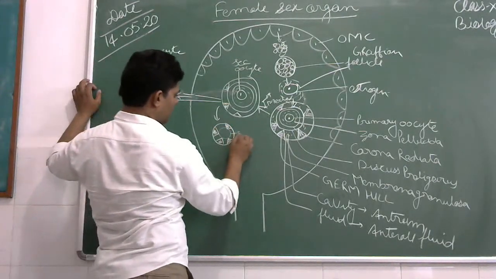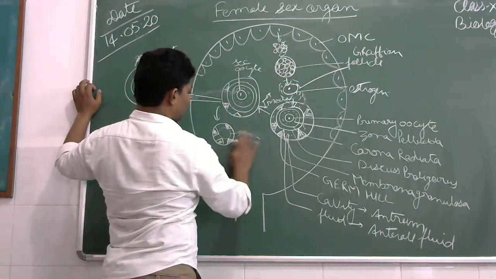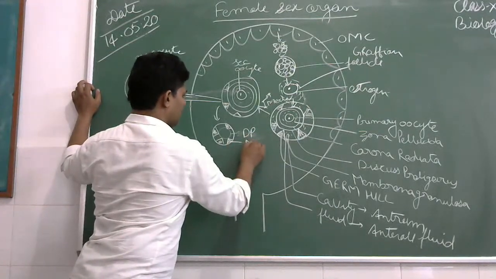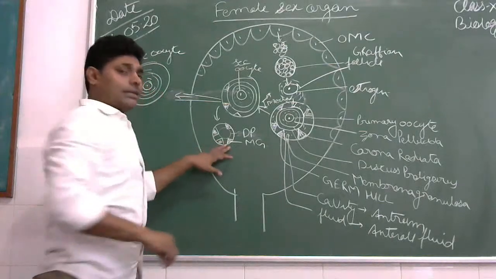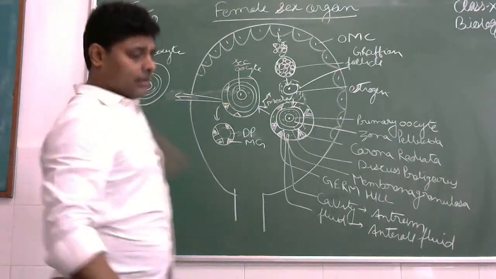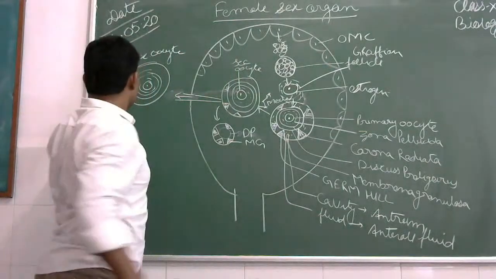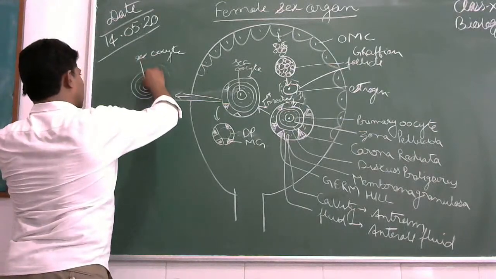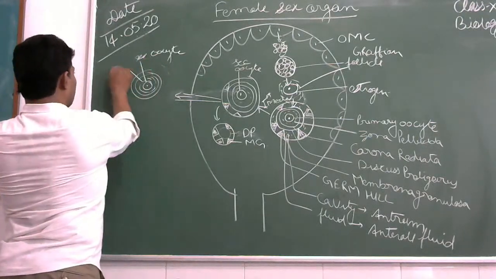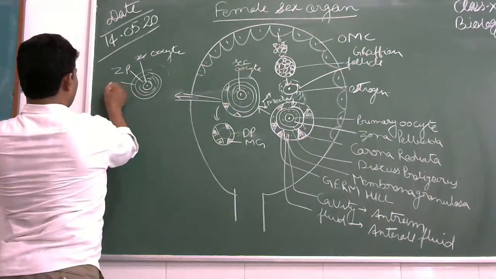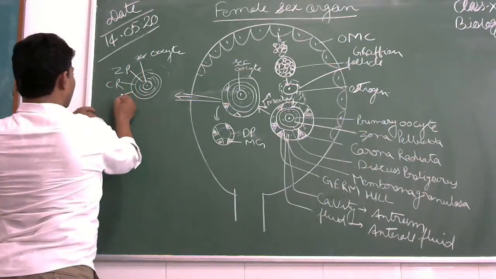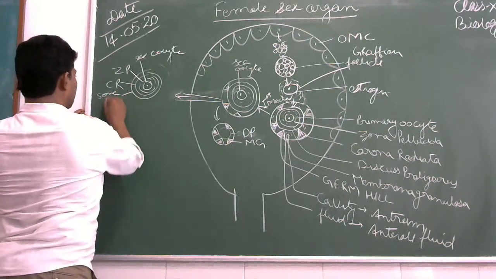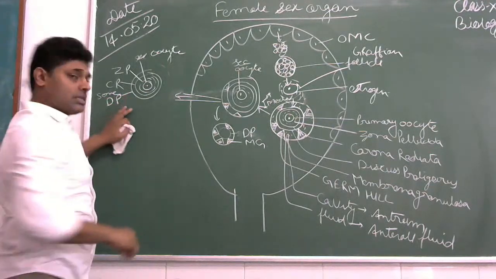This is some part of discus oophorus, and this is membrana granulosa. They remain here, and now here this is the secondary oocyte, zona pellucida, corona radiata, and some part of discus oophorus.